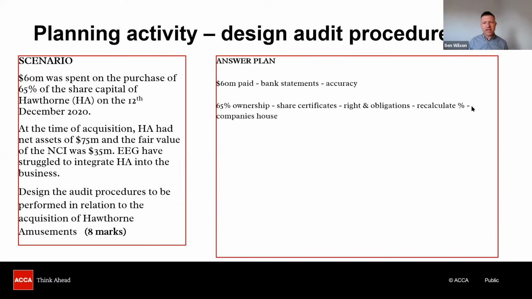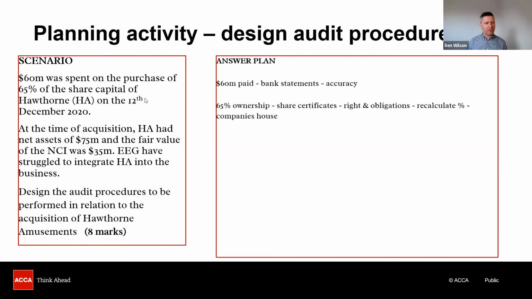And I'm going to recalculate the percentage of shares that I own based on the total amount of share capital per Companies House. Companies House is a UK specific government body where UK companies have to register their share capital. But instead of Companies House, you could have any kind of depository or record of total share ownership. If you put Companies House, the marker will know what you're talking about.